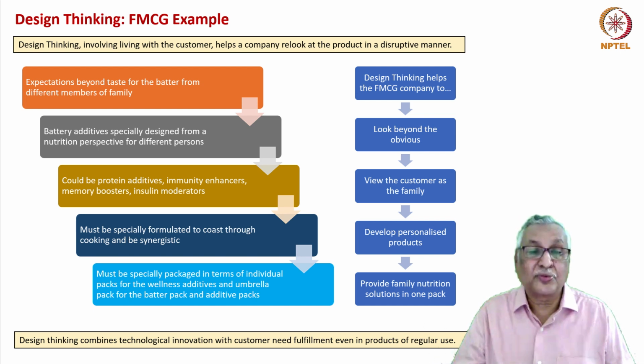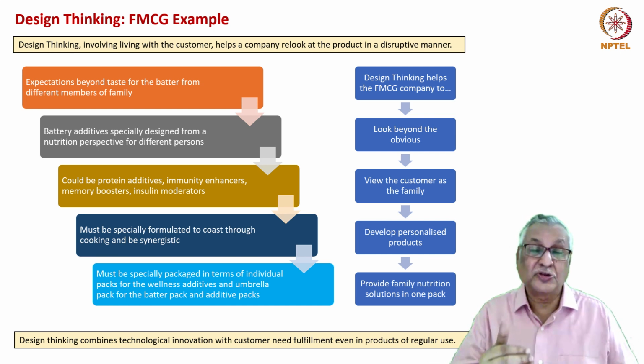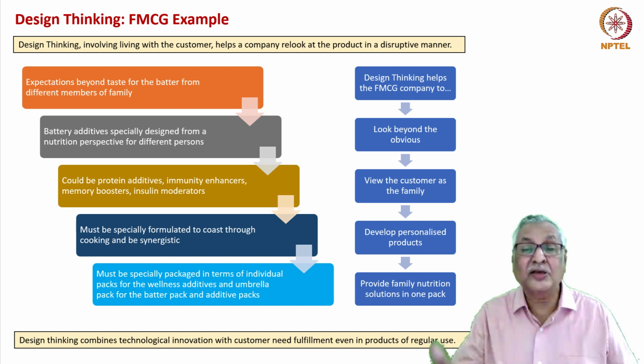And these could be protein additives, immunity enhancers, memory boosters, insulin moderators, so on. And depending upon the customers with whom you are working with and their individual and family health conditions and wellness conditions, you may get different kinds of suggestions.